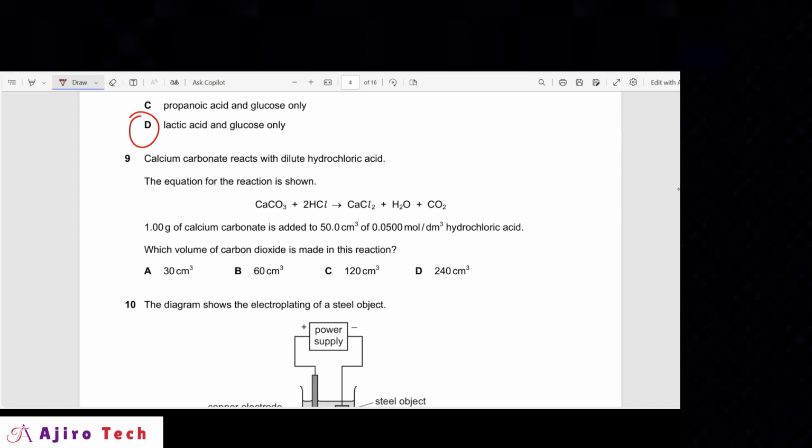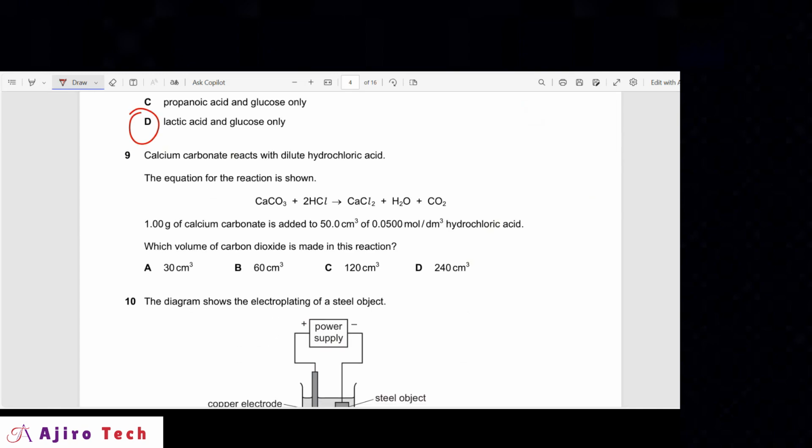Question 9. Calcium carbonate reacts with dilute hydrochloric acid. We have the equation of the reaction. They told us that 1 gram of calcium carbonate is added to 50 centimeter cube of 0.05 mole per dm cube of hydrochloric acid, and we're asked to find which volume of carbon dioxide is made in this reaction.